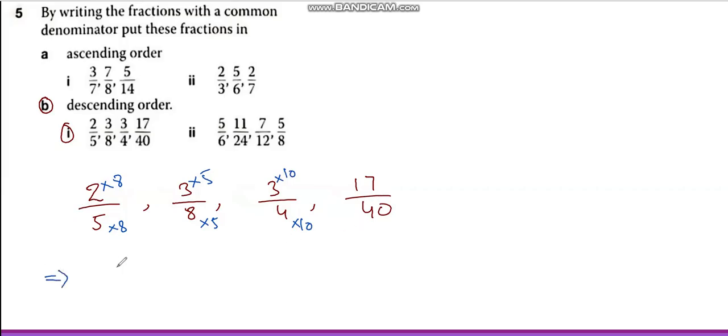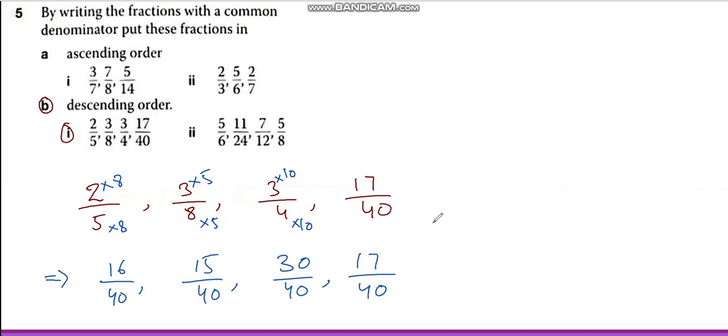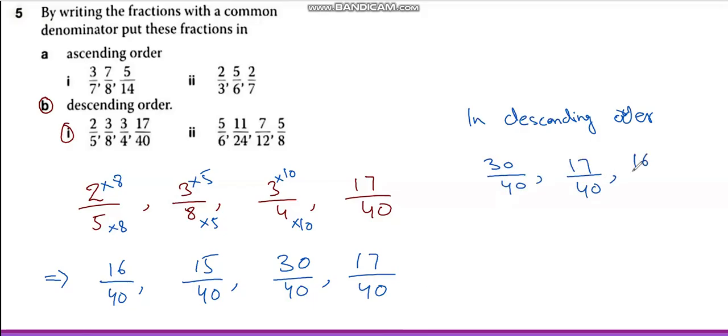Let's rewrite the fractions. It will be 16/40, and then 15/40, and then 30/40, and then 17/40. Now, if we arrange in descending order, we will write 30/40 first, then 17/40, then 16/40, and then 15/40.